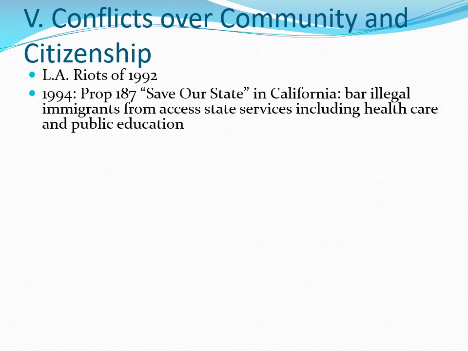The proposition was nicknamed Save Our State, the Save Our State initiative. So the very name crackles with alarm, backlash, a sense of a California changing with this rising group of immigrants and as well the increasing visibility of Latinos in California. As we've talked about in this lecture, by 2010, California would be majority Latino.